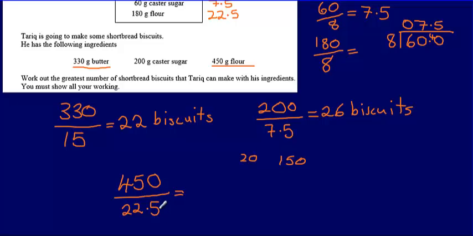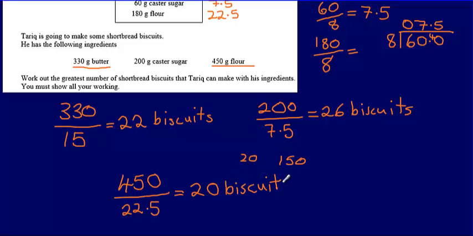So again, I'm going to use a similar method. There were two 22.5s in 45, and that means that in 450, I would have 10 lots of 45, which means I would have 20 lots of 22.5. So my answer here is going to be 20 biscuits.